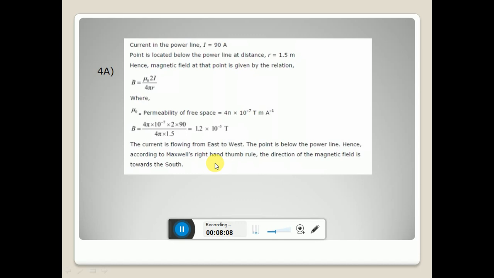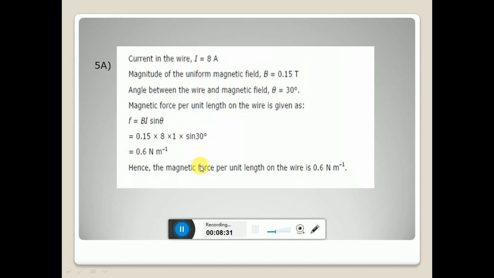So the magnetic field at the point south will be out of the plane of the board. The direction of magnetic field will be along this south direction, and at that particular point it is out of the plane of the board.